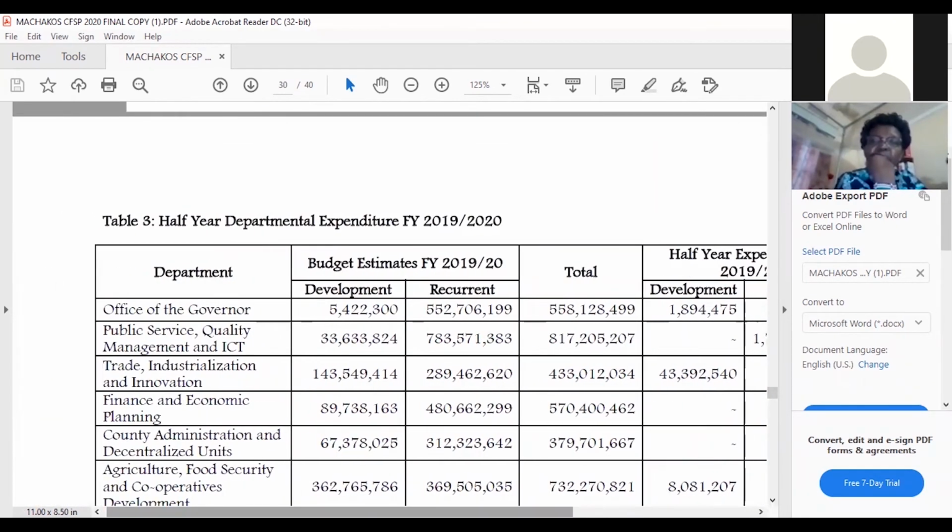And like 30% of the total county budget should go towards development expenditure, okay?